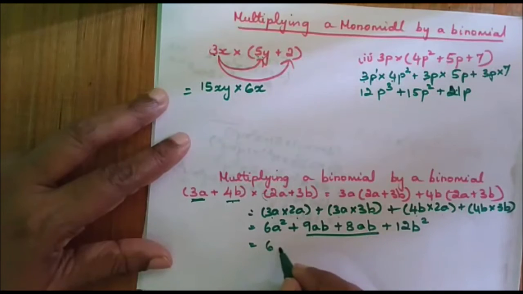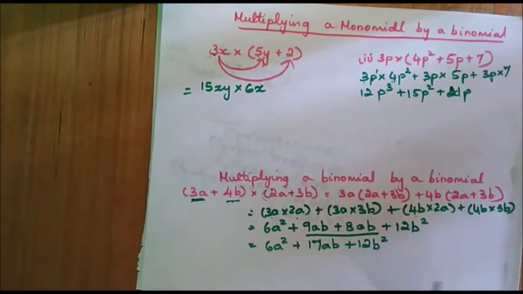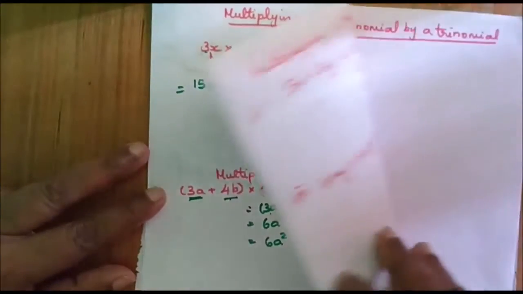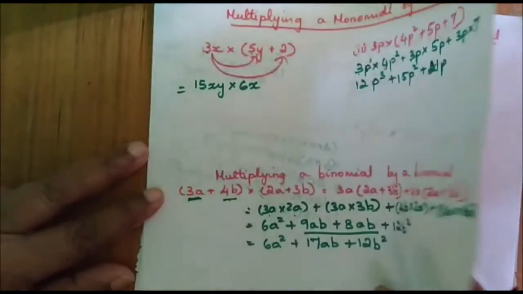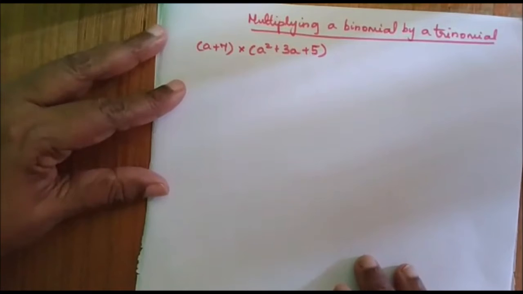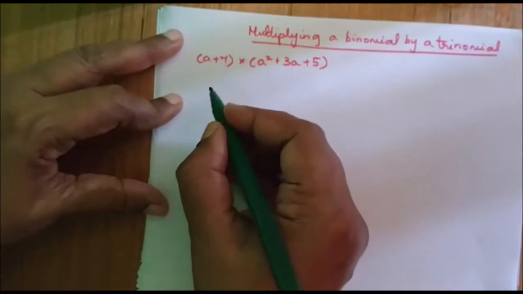So we will add them up: 6a squared plus 17ab plus 12b squared. So this is how we multiply a binomial with another binomial. I hope you understood this, right? Now we will see multiplying a binomial with a trinomial. So how do we do it?